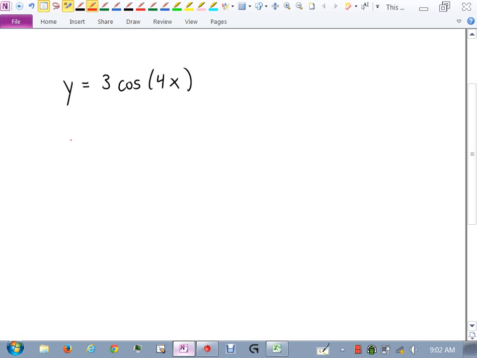What is the amplitude of this particular trig function? It's 3. It's the number in front of the cosine, or the number out in front of the sine if it were sine. So sine and cosine are graphed the exact same way, the method. So we find the amplitude.